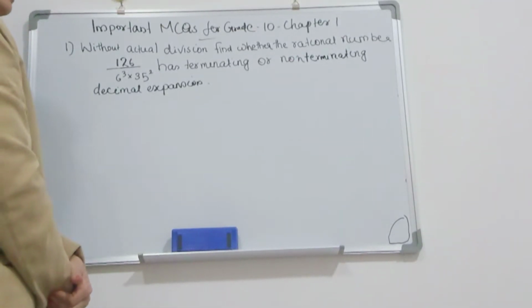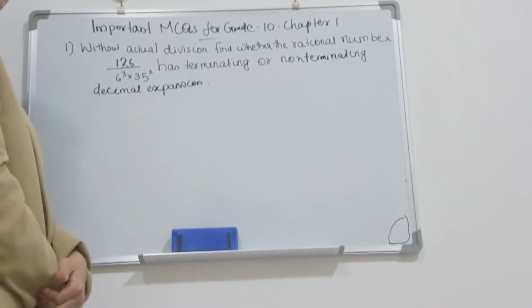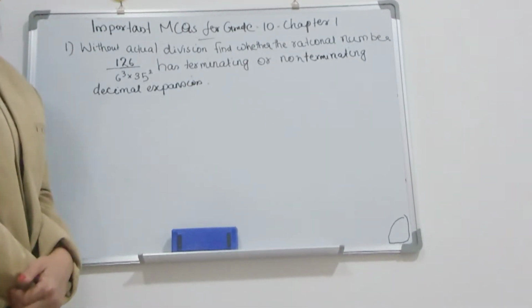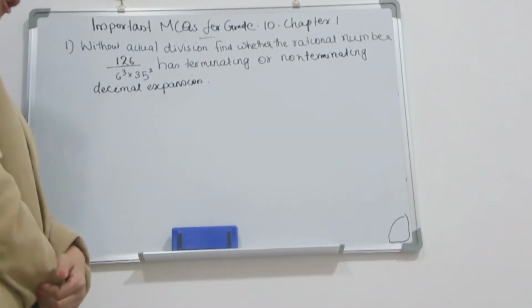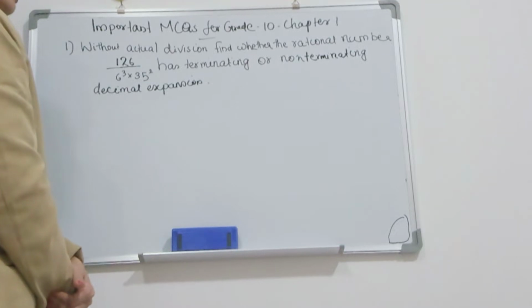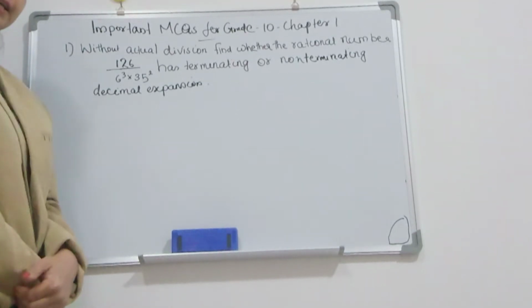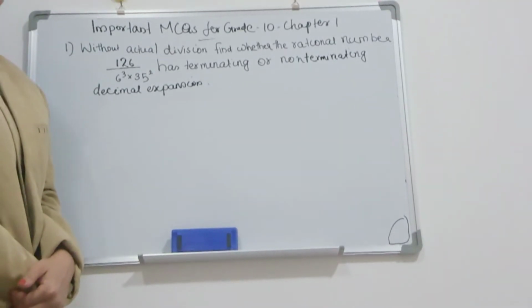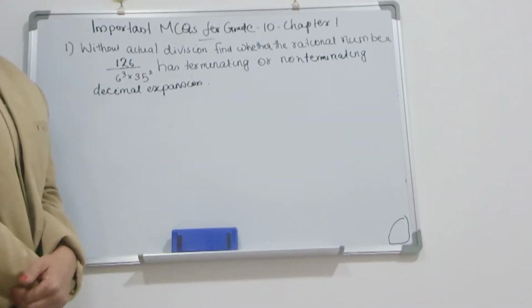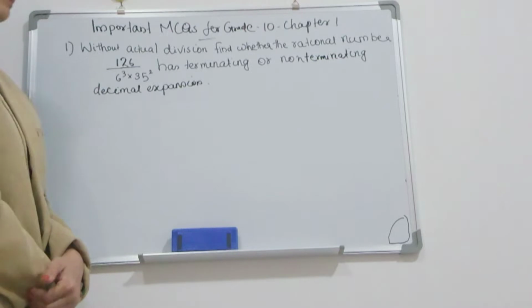For this, you learned a theorem. A rational number x is equal to p by q, where p and q are co-prime. Then the decimal expansion of the rational number is terminating when the q is of the form 2 power m into 5 power n.